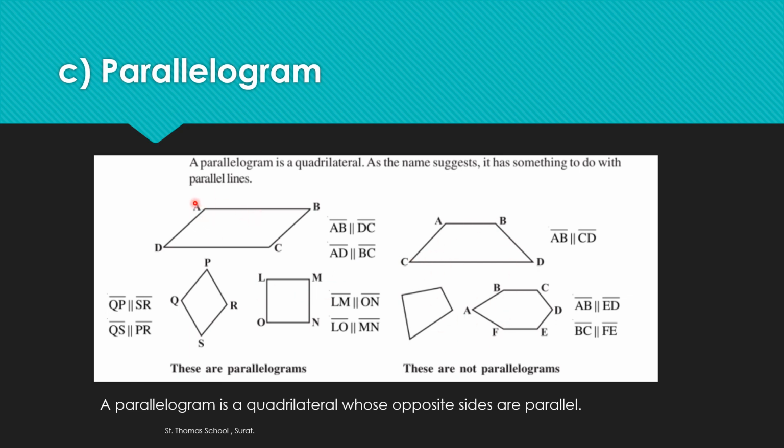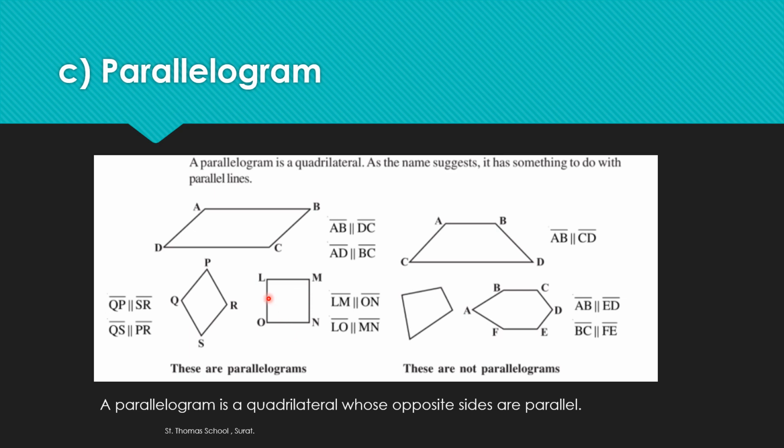In the first figure, here AB and DC are parallel and AD and BC are parallel. Clear? And second one, PQ and SR, these two are parallel, and PR and QS, these two sides are parallel. Here LM and ON are parallel and LO and MN are parallel.